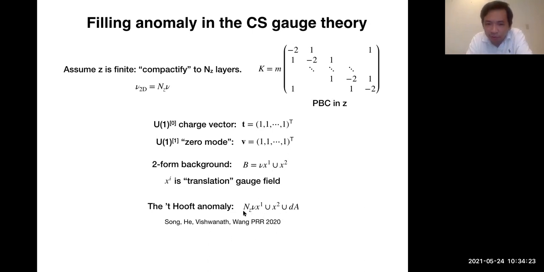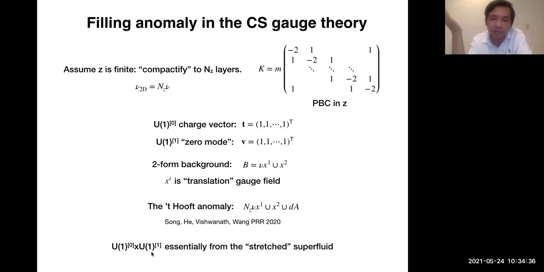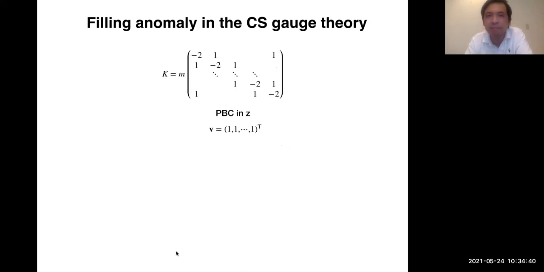And this coefficient grows with the number of layers. So that's how we see that the 3D systems have the right filling factor. Essentially this U1 cross U1 is from the stretched superfluid that I discussed earlier.